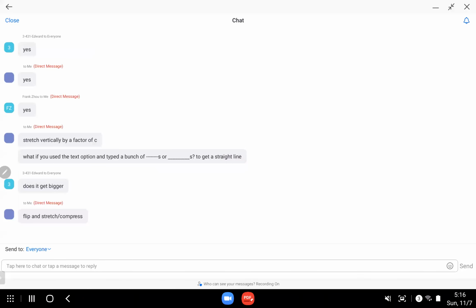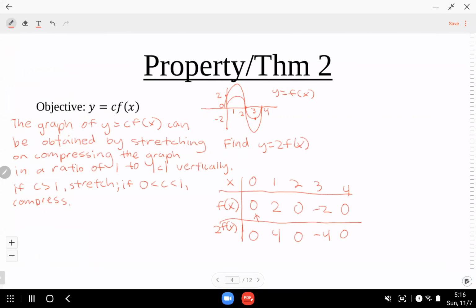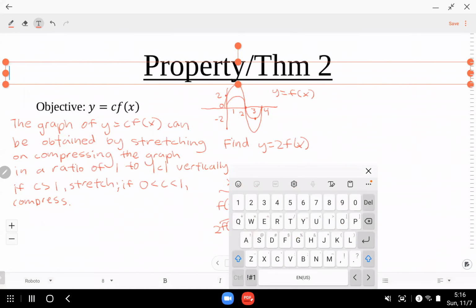Okay, so when c is negative, it does not get bigger. What if you use the text option, type a bunch of dashes or text option? Get a straight line. That's genius. Hold on.